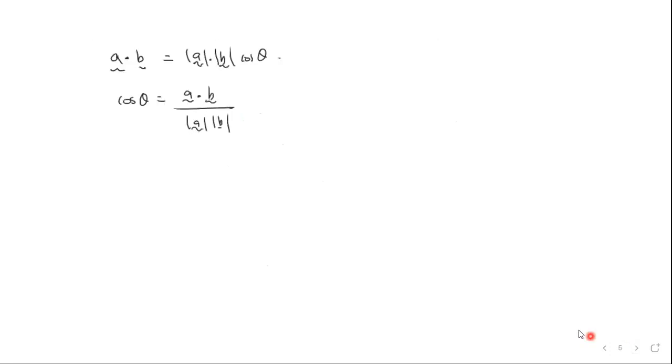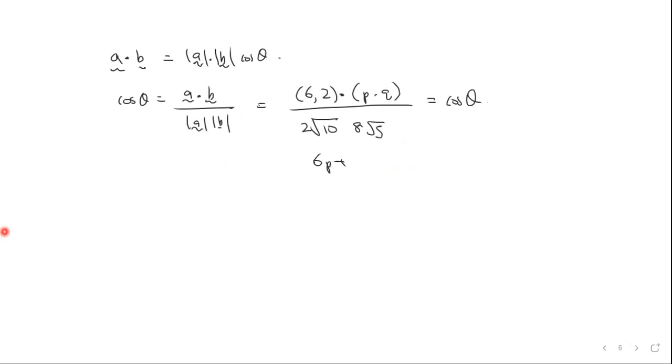So we know that, okay, I guess we don't know, which is slightly part of the problem, but that means we've got (6, 2) dot (P, Q) all over the square root of 40, which is 2 root 10, times 8 root 5, equals cosine theta. And so if you do the dot product on the top, you've got 6P plus 2Q, over 16 times 5, because root 10 times root 5 is root 50, which is 5 root 2, equals cosine of theta.